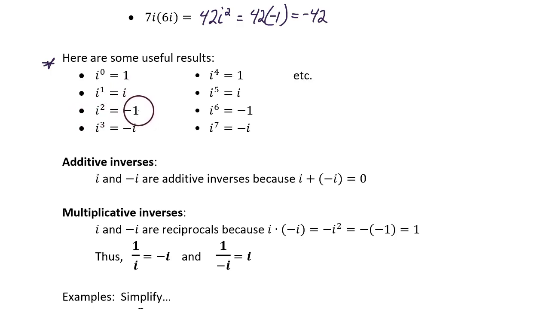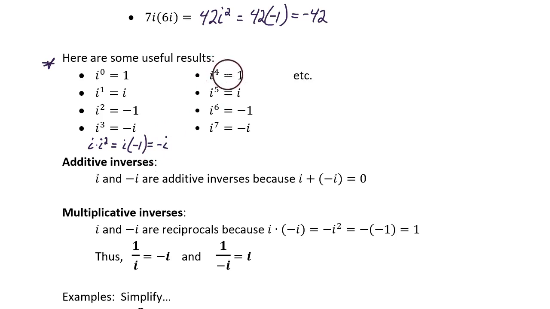We had that definition earlier. i to the third power is equal to -i. Here's why that happens. Because i to the third power is i times i squared. Well, what's i squared? It's -1. And so i times -1 is -i.